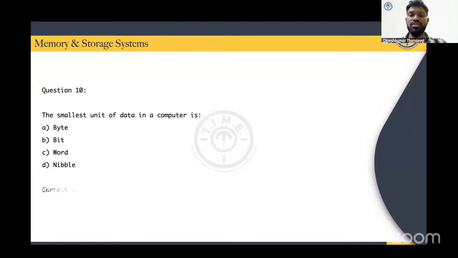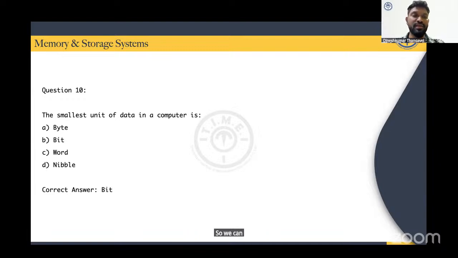What is the smallest unit of data in a computer? We have seen the memory order: bit, byte, kilobyte, megabyte, gigabyte, and terabyte.